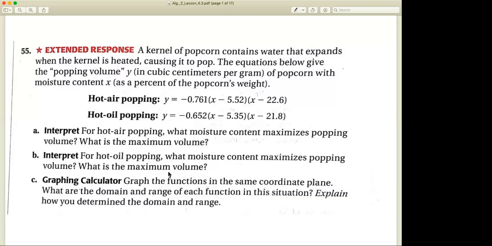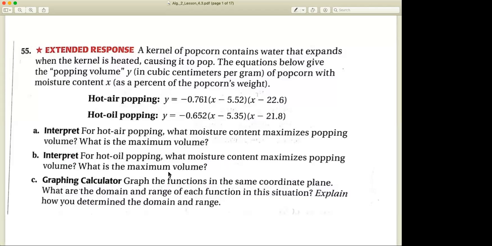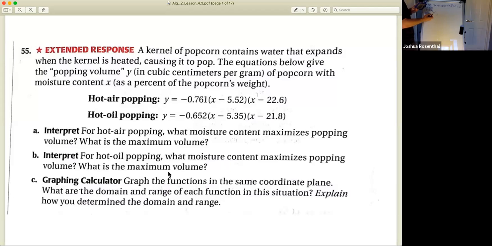Are you attempting to find the vertex? Then I'm going to get the same thing but negative here, so I'm just going to square it. Are you attempting to find the vertices, Mr. Rosenthal? I'm finding the Y at the vertex X. I'm plugging in this X in here to find the volume when X is there at the maximum. That is the vertex, so that vertex is the maximum point.